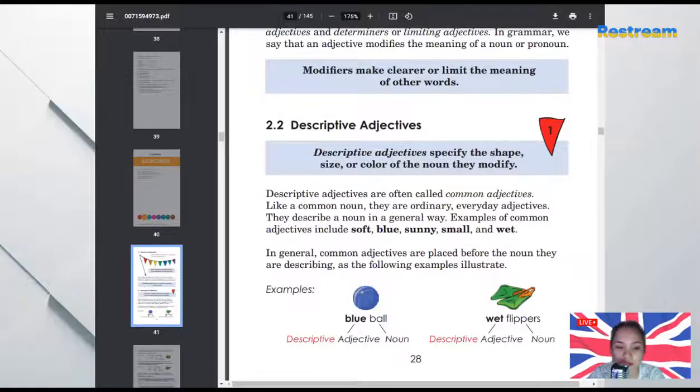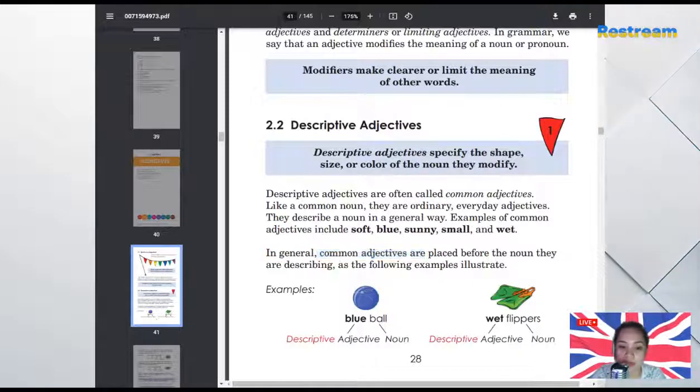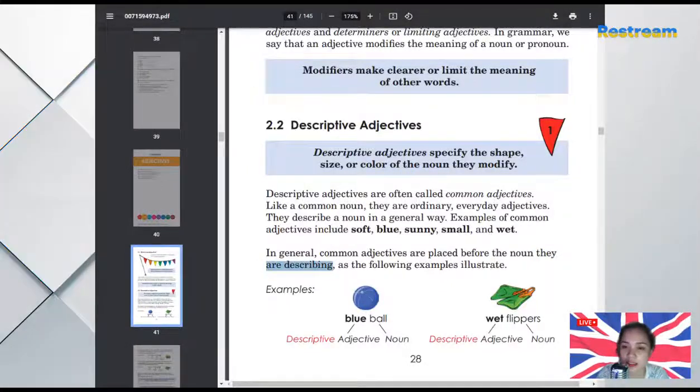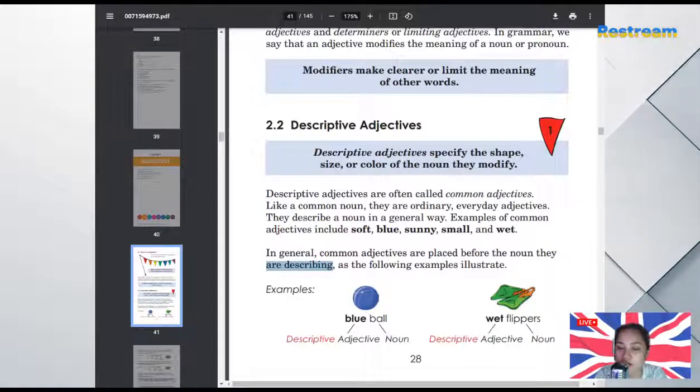I keep on saying this so that you can remember easily: an adjective is a describing word.